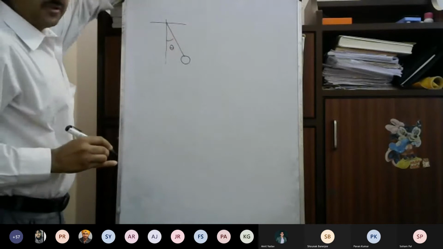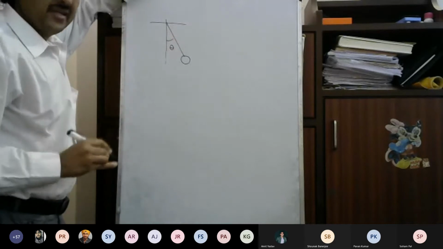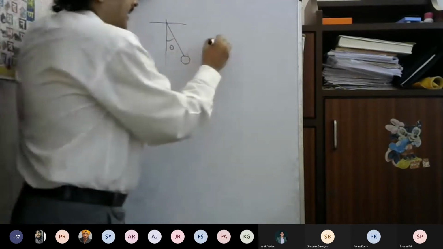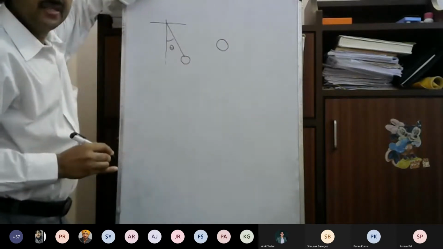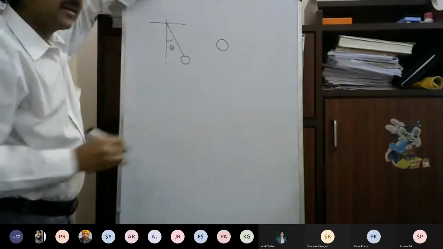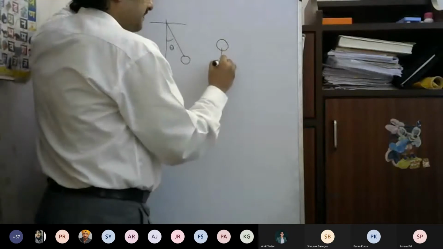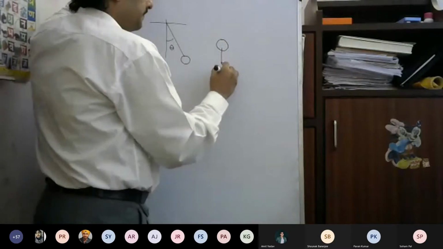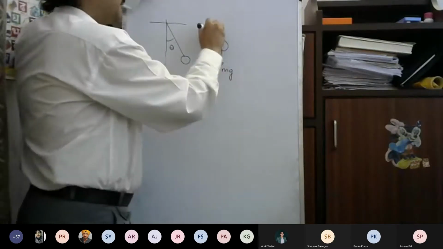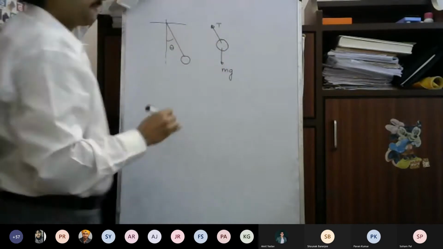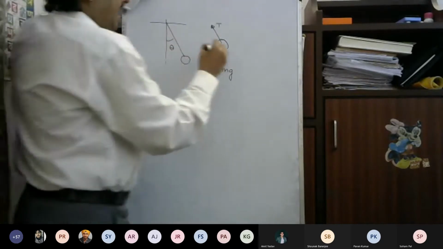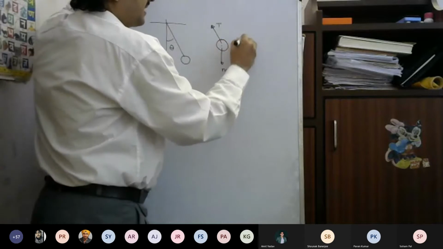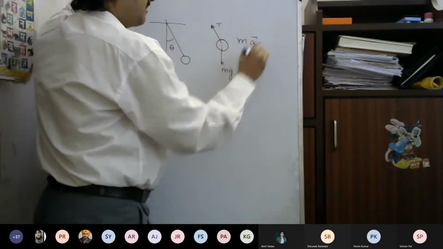So how do you derive the equation of motion? There are ways to derive the equation of motion using Newton's method. That means drawing the free body diagram, drawing all the forces, mg, and this force T, the constraint force. We'll have to take this and then write down mass times acceleration, which is equal to the net force.